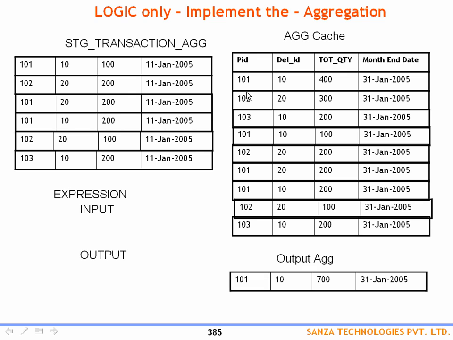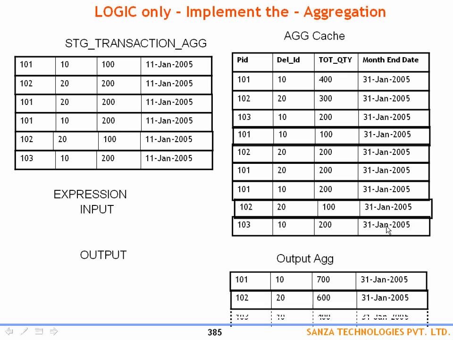Then the next combination 10220, 0220 300 plus 200, 500. Then 10220, 100, 600 will be the output. Then 10310, month and date, 100, 10310, 100 plus 100 plus 200, 400 for the month and date.